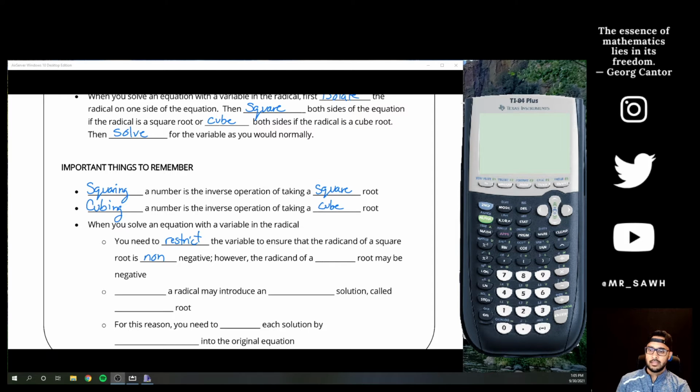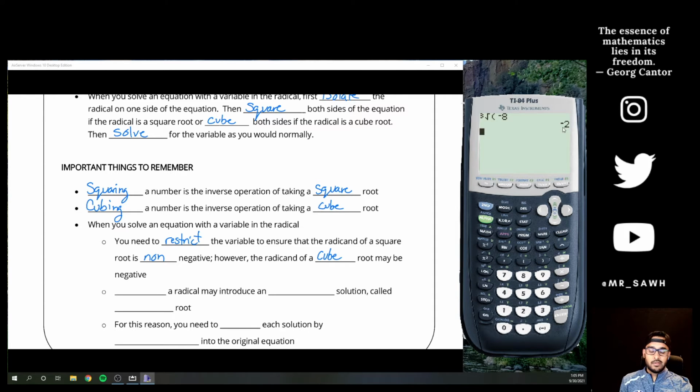However, the radicand of a cube root can be negative. So you can test this out. Just grab a calculator, and if you take the cube root of, let's say, for example, -8, you will end up with a negative, right? The cube root of a negative number will be a negative, because the cube root says that you're taking something and multiplying it by itself 3 times.